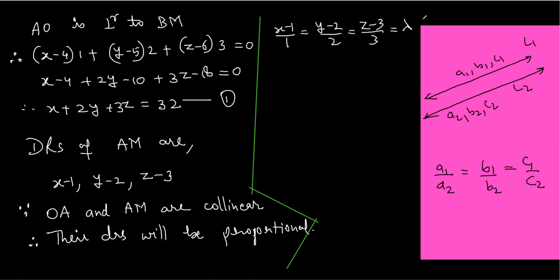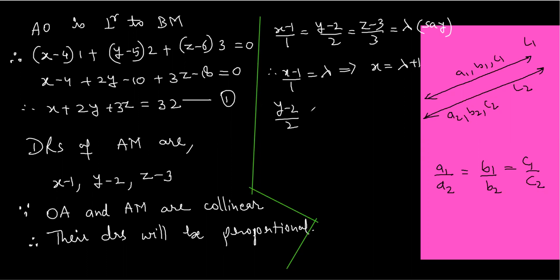I suppose that these are all equal to lambda. Now what does that give me? Each one of them is equal to lambda, that's why they are all equal to each other. So I get (x minus 1) upon 1 equals lambda. This gives me x equals lambda plus 1.